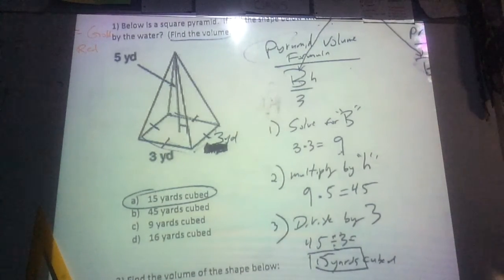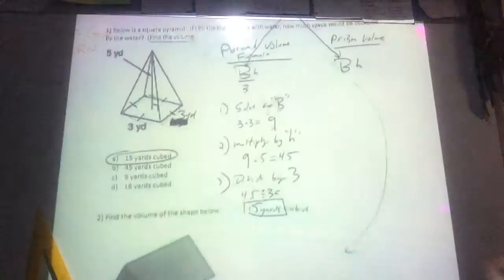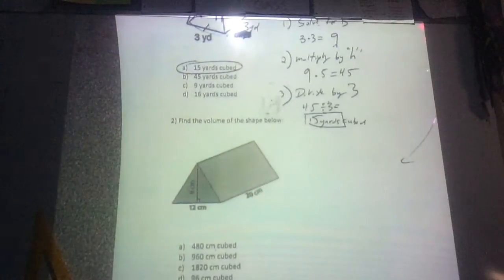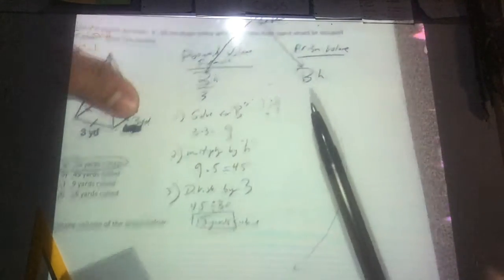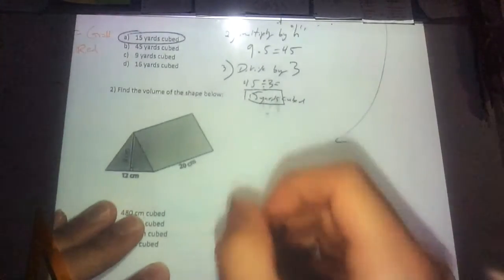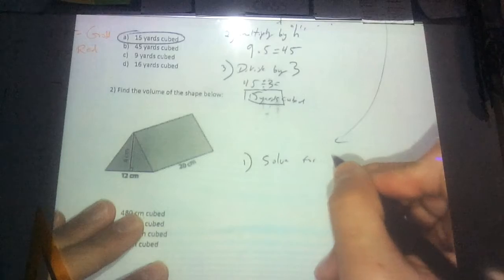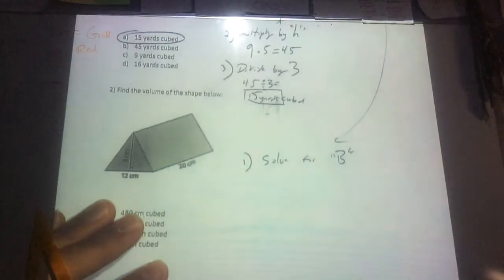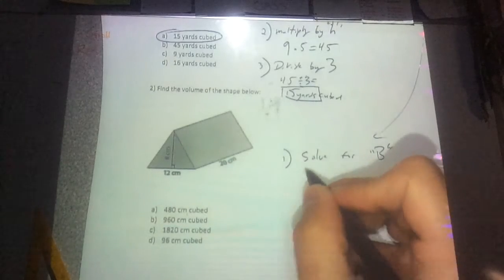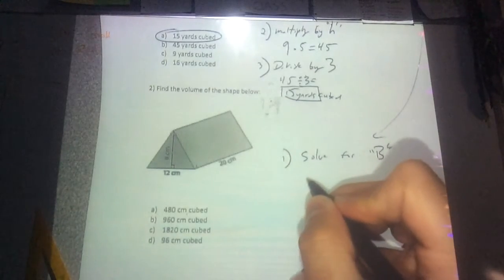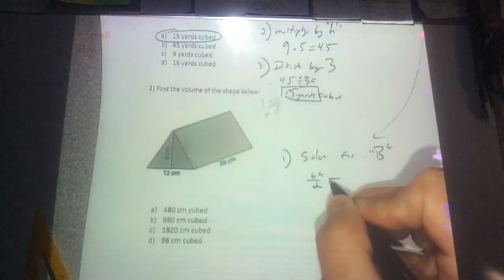Okay, now we're going to do problem 2, which is not a pyramid, but it's a prism. So we're going to use this formula here. The area of the base times the height. So step 1, solve for B. And this triangle here, the area of this triangle is going to be base times height divided by 2.